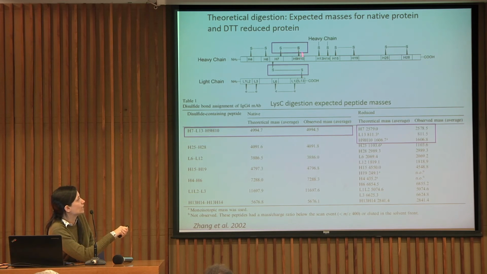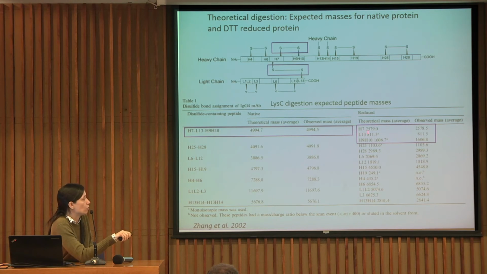We have this H9, H10 peptide bound to this H7 peptide, and bound by this bond over here to the L13 peptide. If you generate a table with all the expected theoretical masses for the native protein, these are the masses of the fused peptide. This is the tripeptide we were talking about, with a mass of around 5 kilodaltons. And then these are the masses expected for the reduced protein.